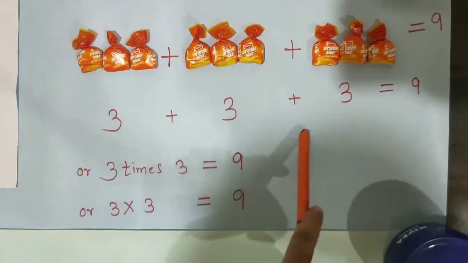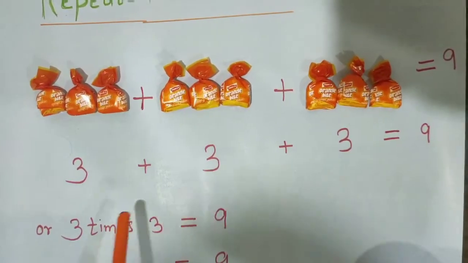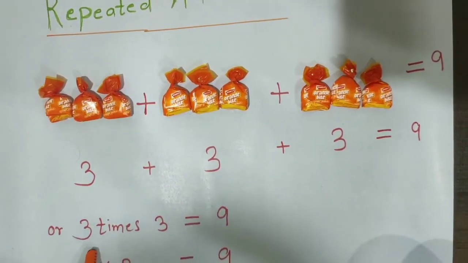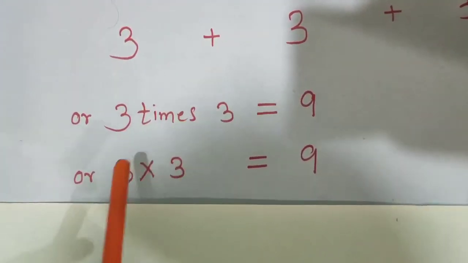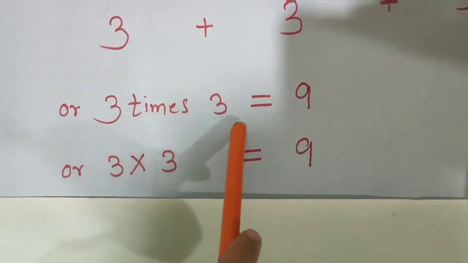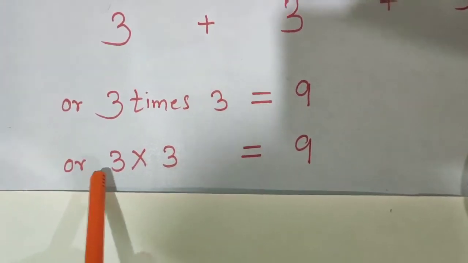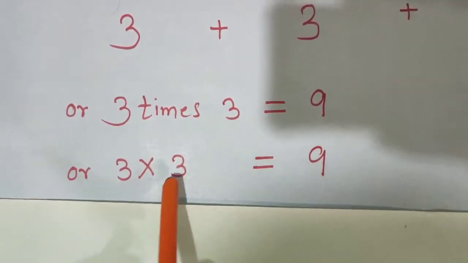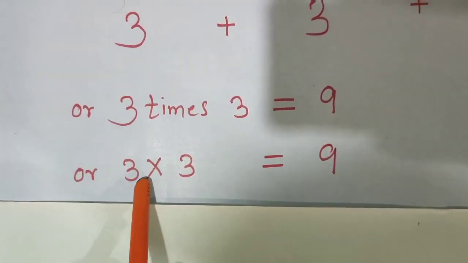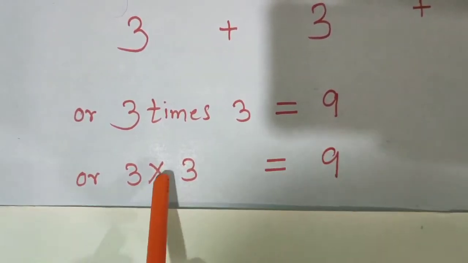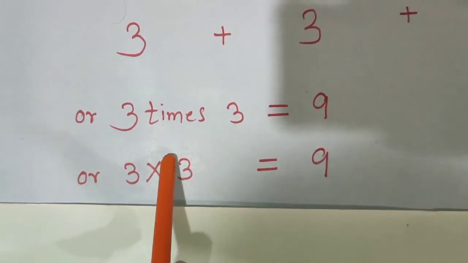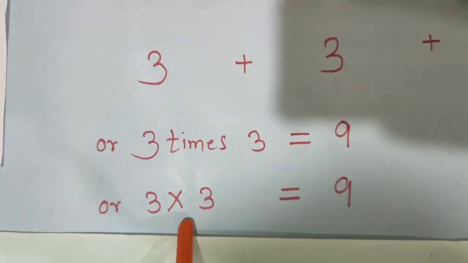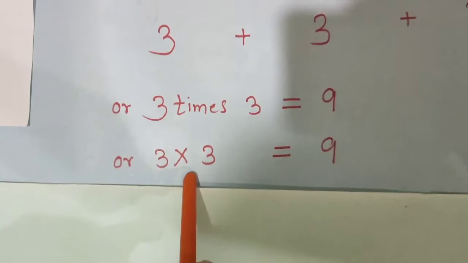Okay? Instead of doing 3 plus 3, I can simplify it like this: 3 times 3. Or instead of writing 3 times 3, I can write 3 multiplication 3. Yes, this is the sign of multiplication. This cross sign, or this X sign, is the sign of multiplication.